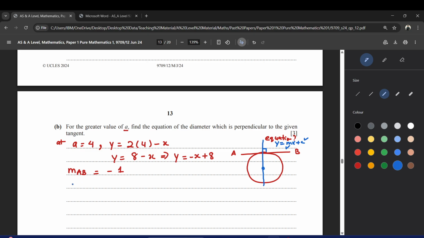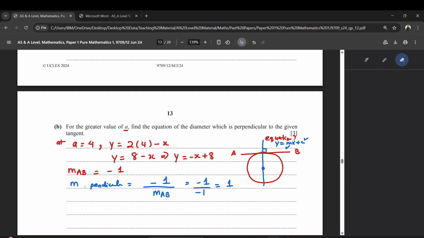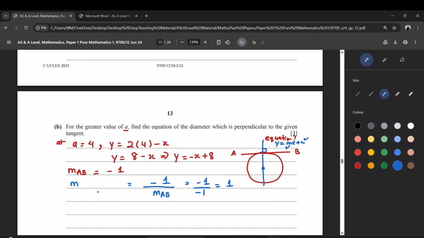Okay, so the gradient of perpendicular is equal to negative reciprocal, means that you divide your gradient by minus 1. So this would be minus 1 over minus 1. That gives us just 1. Okay. So I think what's better is that instead of perpendicular, I can just say the gradient of diameter.